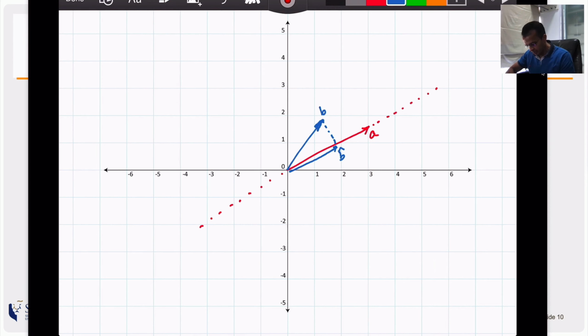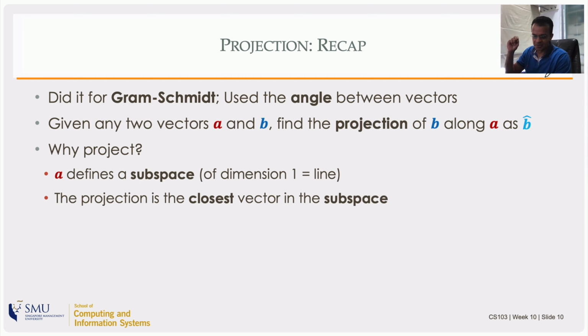If I look at the tip of this vector and the tip of the projection, that distance is the smallest. If I take any other vector on A as a projection, that distance will be more, because the closest would actually be the one along the perpendicular direction of A. That is something to keep in mind. You will see why that is important.